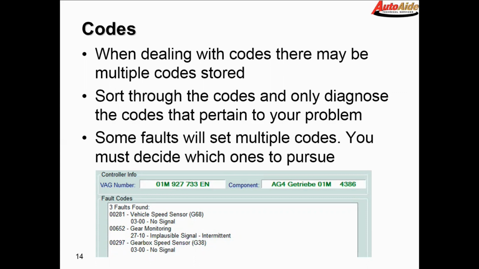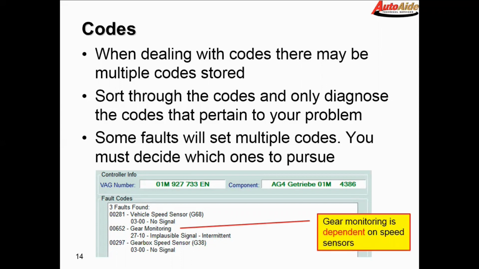Well, do you chase the gear ratio or do you chase the sensors? The obvious answer is you chase the sensors, because the computer is using the sensors to figure out whether it's getting the gear it asked for. If it asks for second gear, it knows what the gear ratio is for second gear, and it would be monitoring the input and output shaft to see whether it's actually getting that or not. So here I would chase the speed sensor codes first and then go back and reevaluate the gear ratio code later.